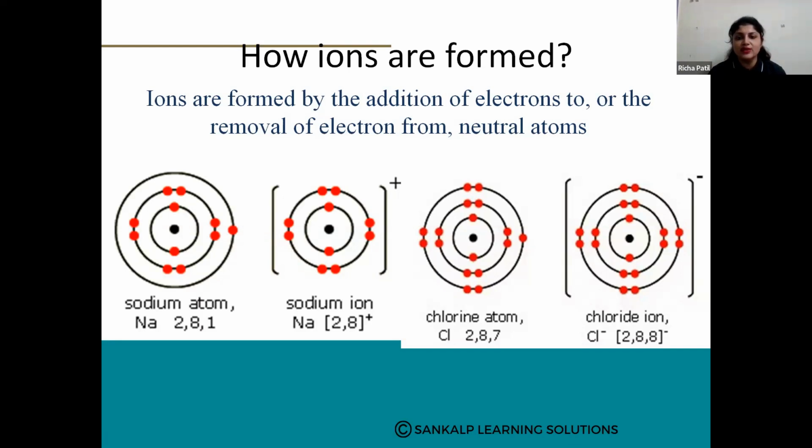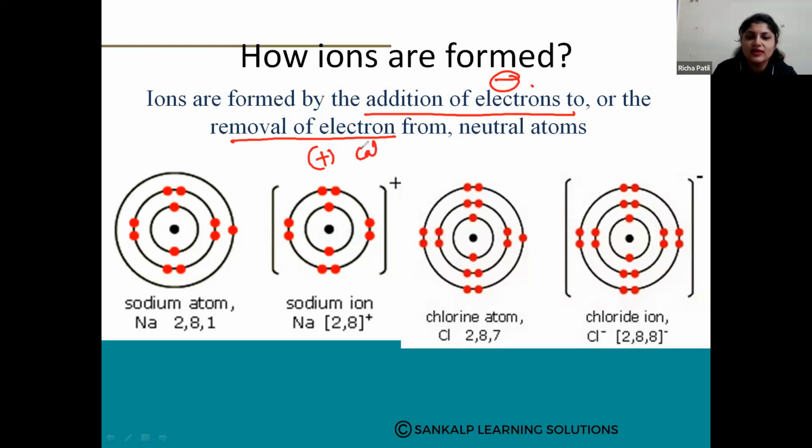When you are removing electrons from a neutral atom, it is called a cation. Remember these terms. Addition of electrons will result in a negative charge, and removal of electrons will result in a positive charge.